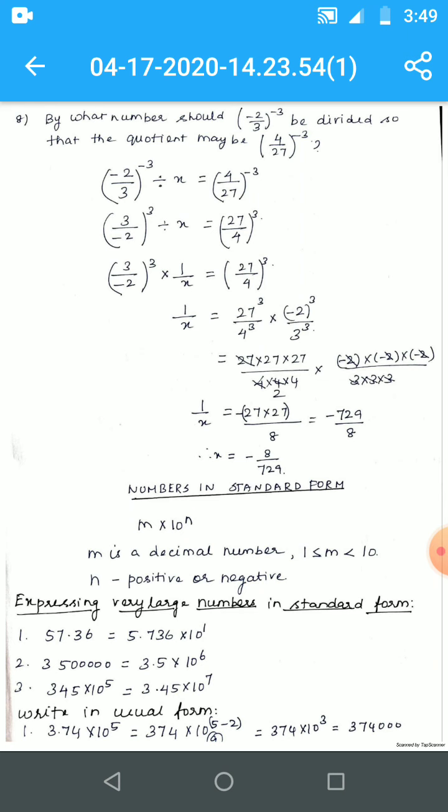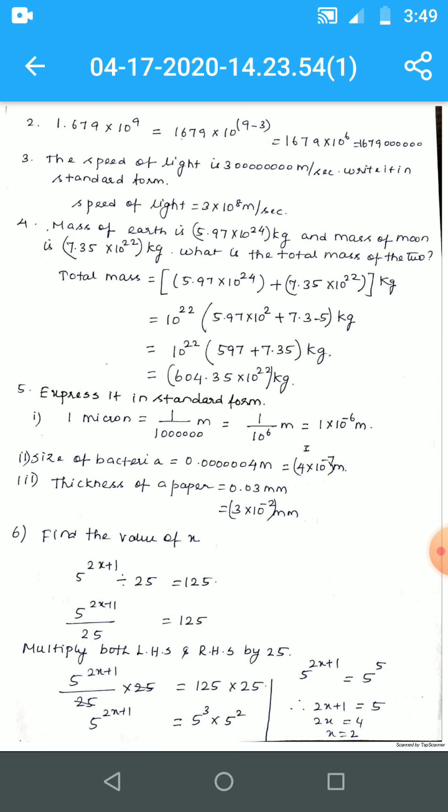So this becomes 374. Moving 2 steps means minus 2, so 374 multiplied by 10 to the power 5 minus 2. The answer is 374 into 10 to the power 3. 10 to the power 3 means 10 into 10 into 10, so 374 multiplied by 1000.